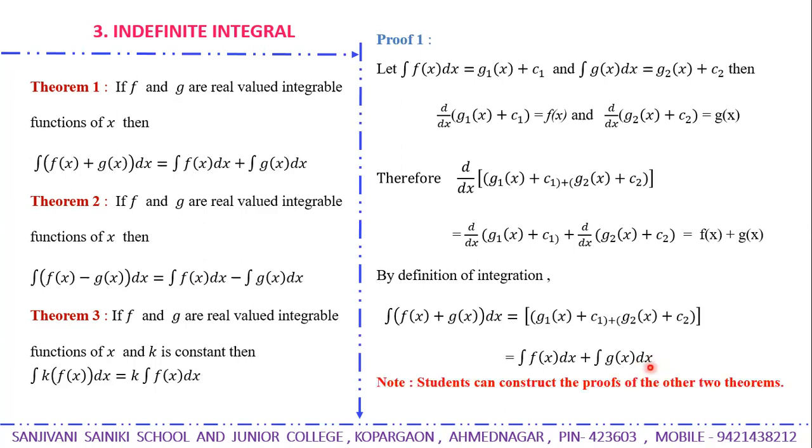On the same line we can prove the second and third theorems. No need to prove them, but we can. Just try to prove them. We will stop here, and in the next lecture we will solve examples on these elementary integral formulae.